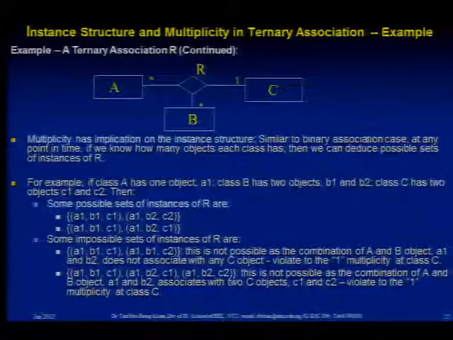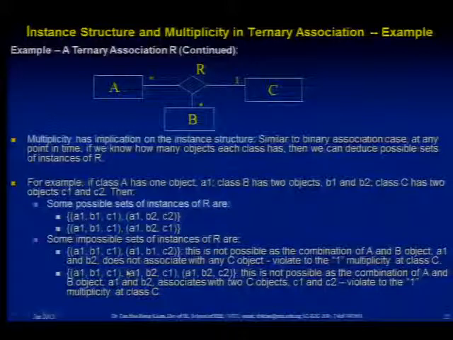We assume this scenario. Here I list down 2 possible sets of R instances. The name of this association is R. And I also list out 2 impossible sets of R instances.